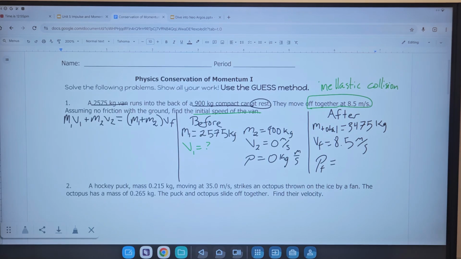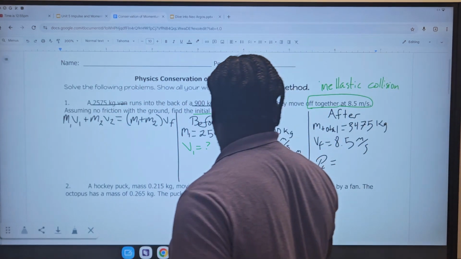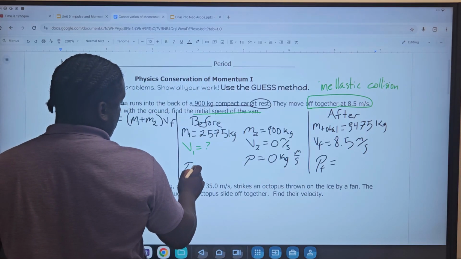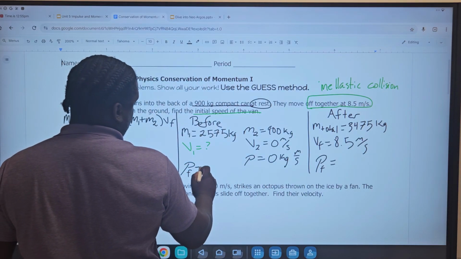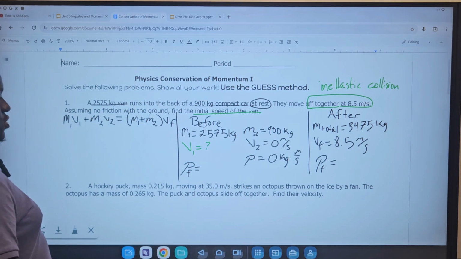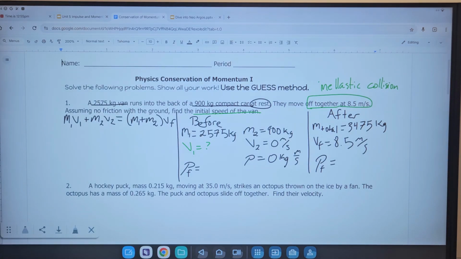That means all the momentum had to come from the van. So go ahead and take a moment, see if you can solve that out and find that initial velocity.